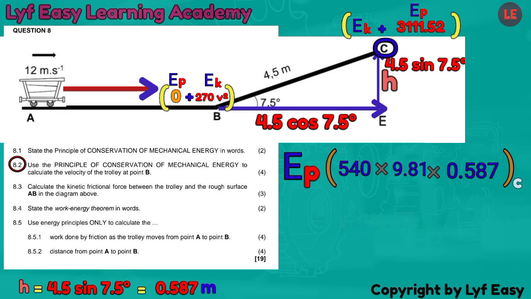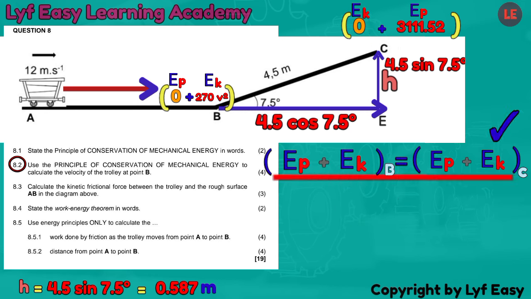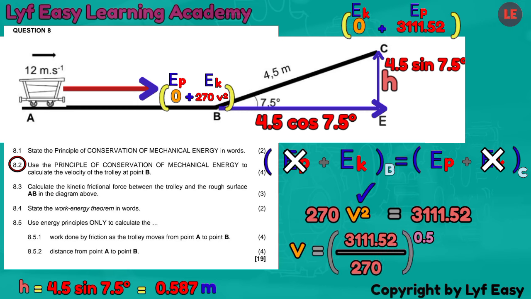But the trolley rests at point C, which means the velocity is zero, so the kinetic energy is zero there. So in the conservation of mechanical energy formula, at point B we are left with kinetic energy with velocity as the unknown, and at point C the potential energy remains with no unknown. In this step, we make velocity the subject of the equation.